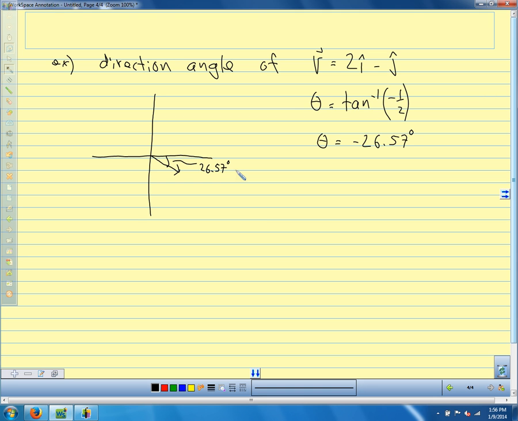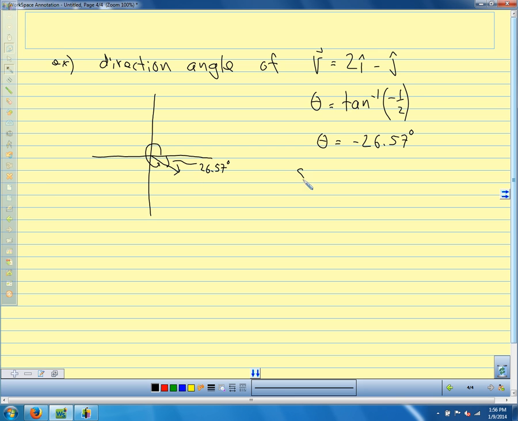Counterclockwise from the positive x-axis. So normally we're looking for that angle. So if we have this angle as 26.57 degrees, how would we find this angle in standard position? Subtract this angle from 360.